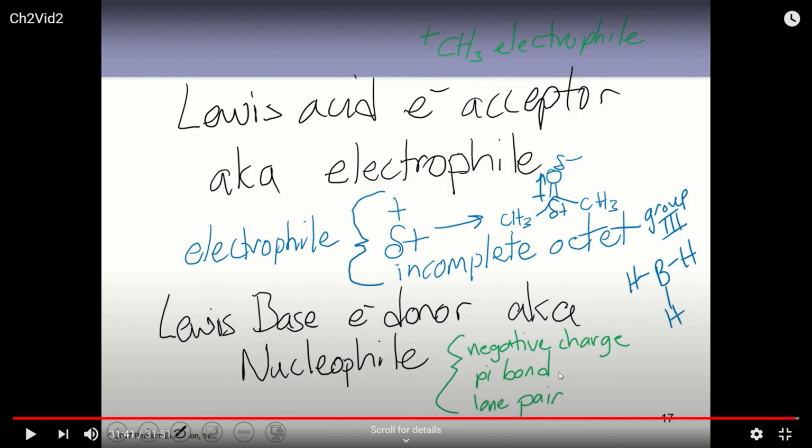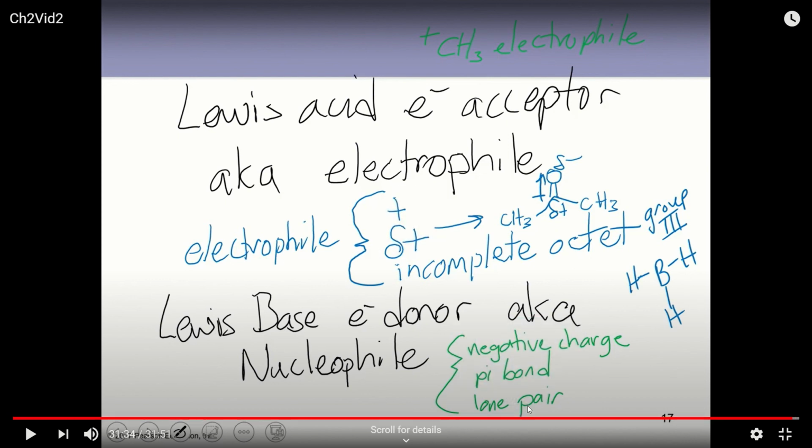So what this means is that we need electrons that are not in a sigma bond in order to have electrons that can be donated. Okay, so we can see these electrons by looking at atoms that have negative charge, pi bond, or lone pair.